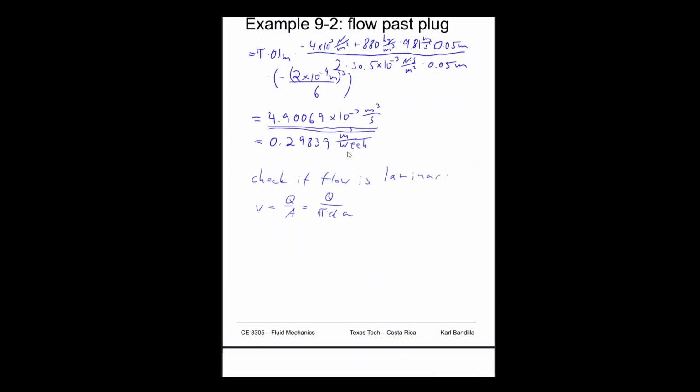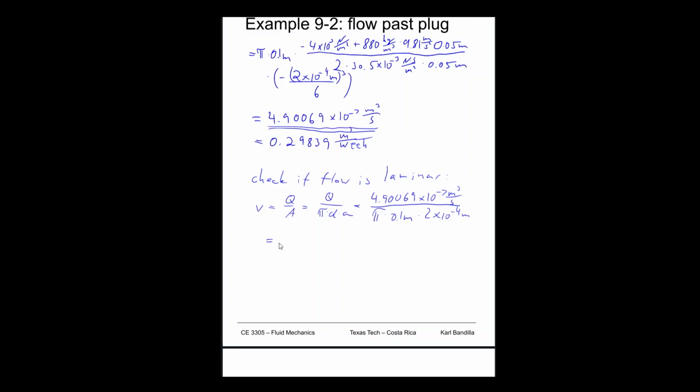If we plug that in, we get 4.90069 times 10 to the minus 7 cubic meters per second divided by pi times 0.1 meters times A, which was 2 times 10 to the minus 4 meters.